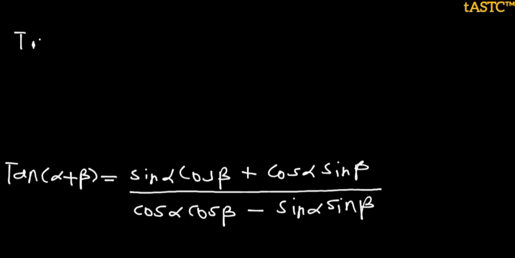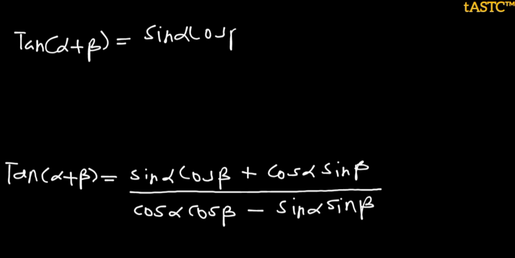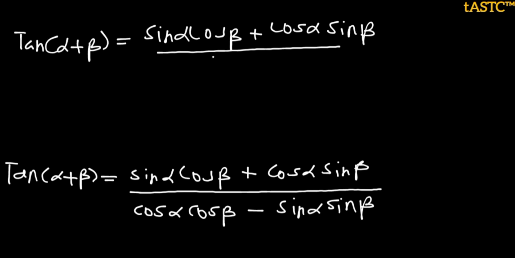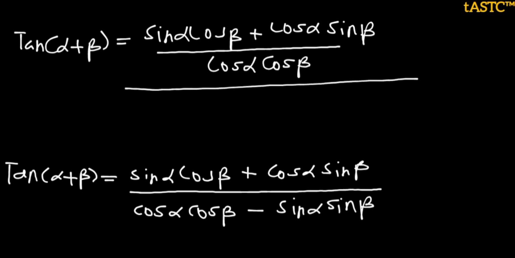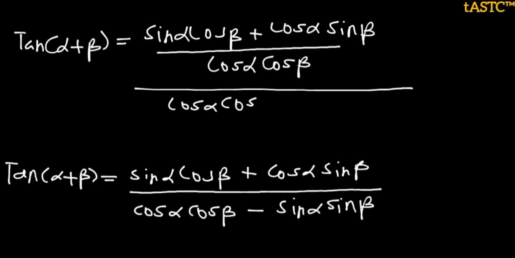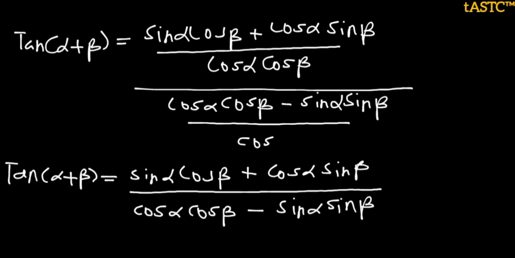We have tan of alpha plus beta, that is going to be sine alpha cos beta plus cos alpha sine beta, all divided by cos alpha cos beta, and then divided again by cos alpha cos beta minus sine alpha sine beta, again all divided by cos alpha cos beta.